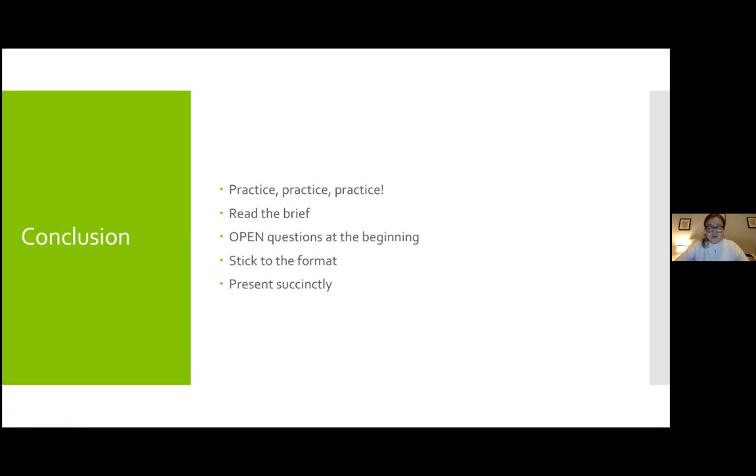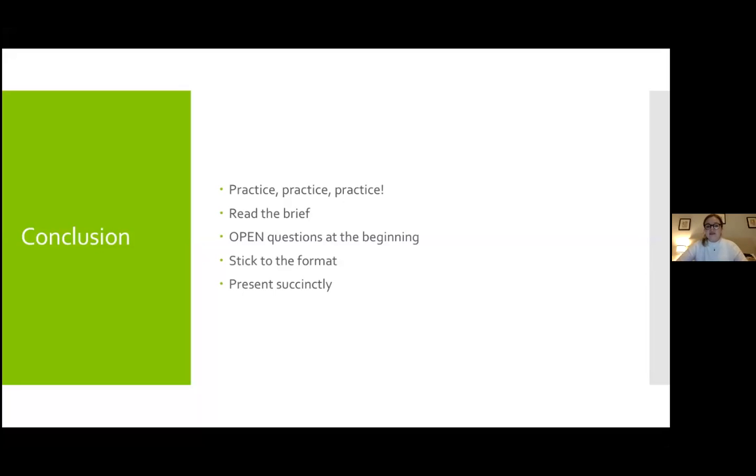Make sure you read the brief before you go into your OSCE station, because that will tell you exactly what you need to do in the station. So if it's take a history and say your most likely diagnosis, then that's all you have to do. But make sure you check, is it asking for your initial investigations?